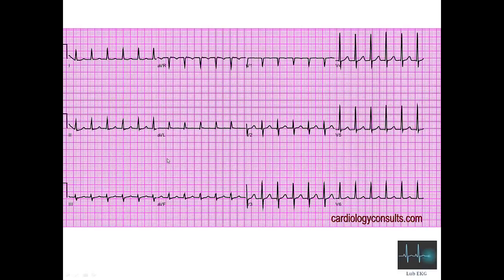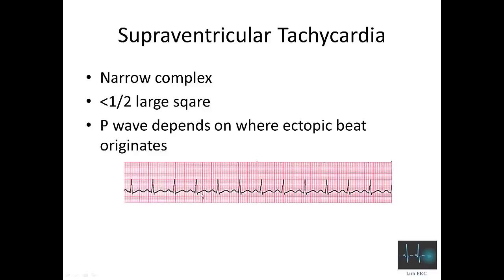And why were there P waves on the first one and not this one? Well, that all depends on where the signal is originating from. If we go back to the previous, we can say that the P wave, the signal, is originating from somewhere close to the SA node.